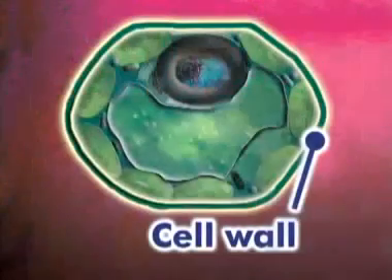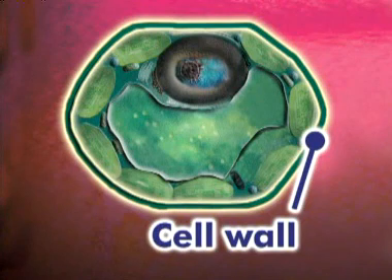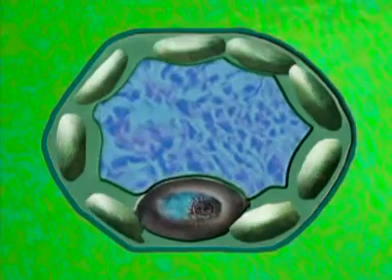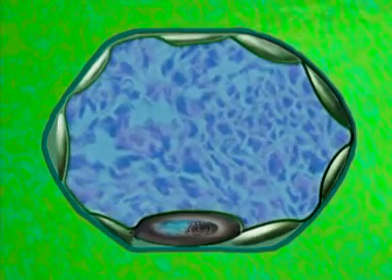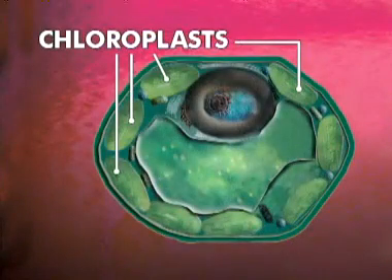Plants have a cell wall in addition to a cell membrane. The cell wall helps the plant maintain its shape. Instead of being flexible, the cell wall is rigid. No matter what happens to the plant cell, the cell wall stays firm. Another part found only in a plant cell is the chloroplast.